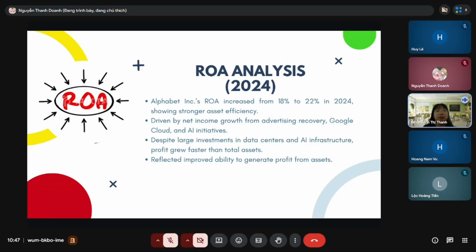Although Alphabet invested heavily in data centers and AI infrastructure, profit grew faster than total assets. This indicates that the company used its assets more effectively and achieved stronger operational efficiency.